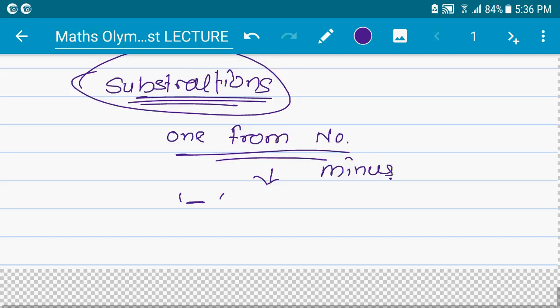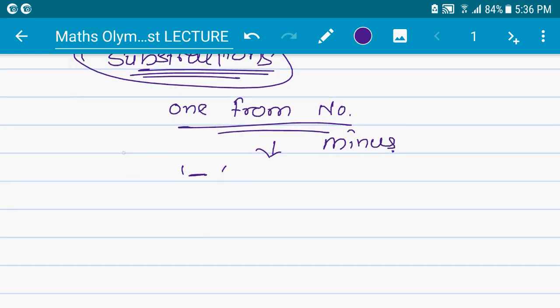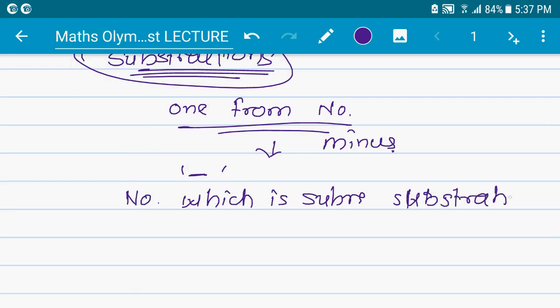Now the number which is subtracted is known as subtrahend, and the number from which we subtract the number is known as minuend.